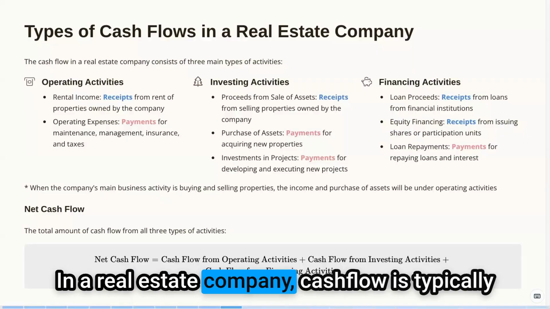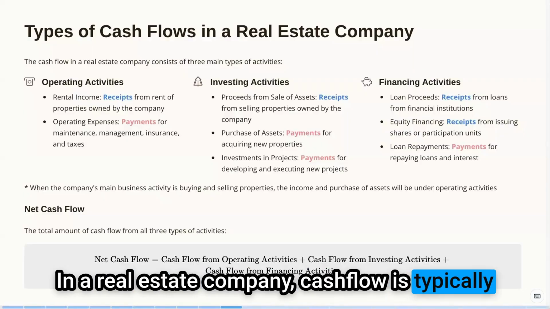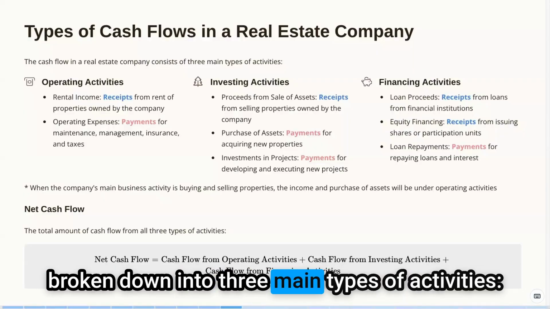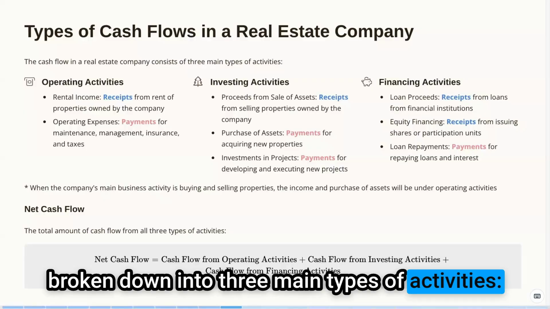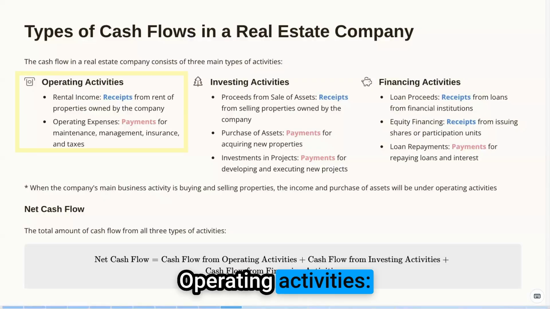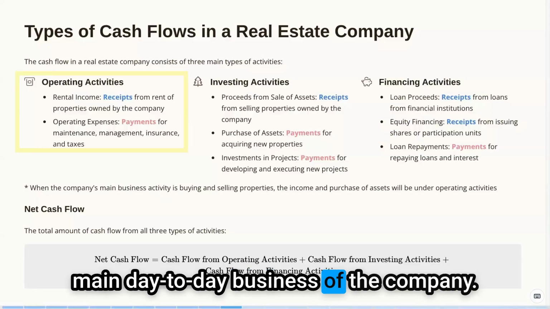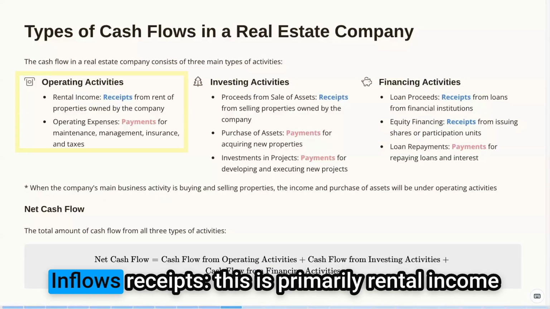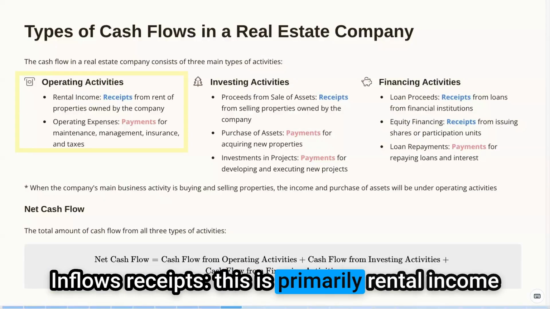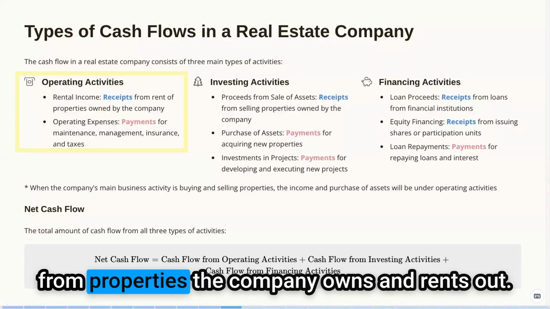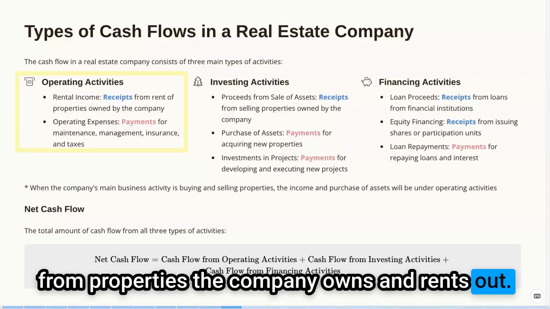In a real estate company, cash flow is typically broken down into three main types of activities. Operating activities. This is about the cash generated from the main day-to-day business of the company. Inflows, receipts. This is primarily rental income from properties the company owns and rents out.